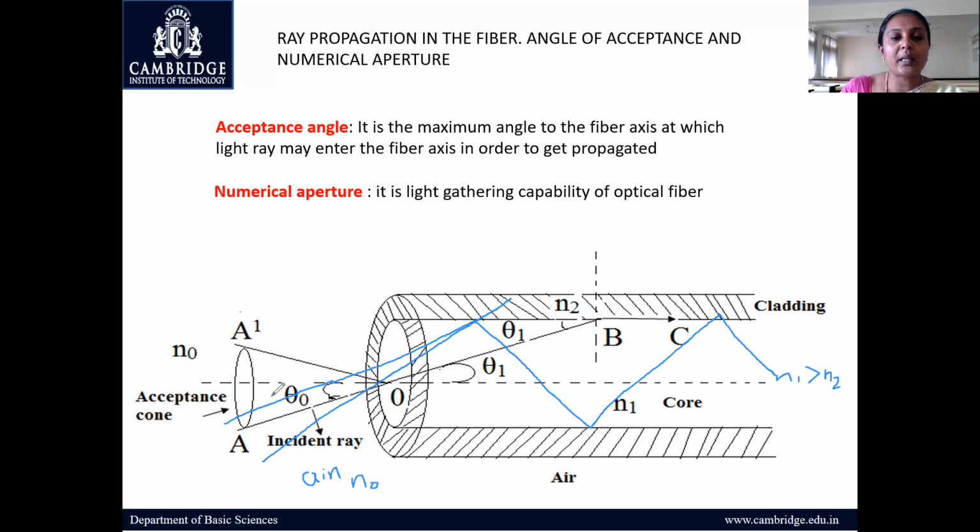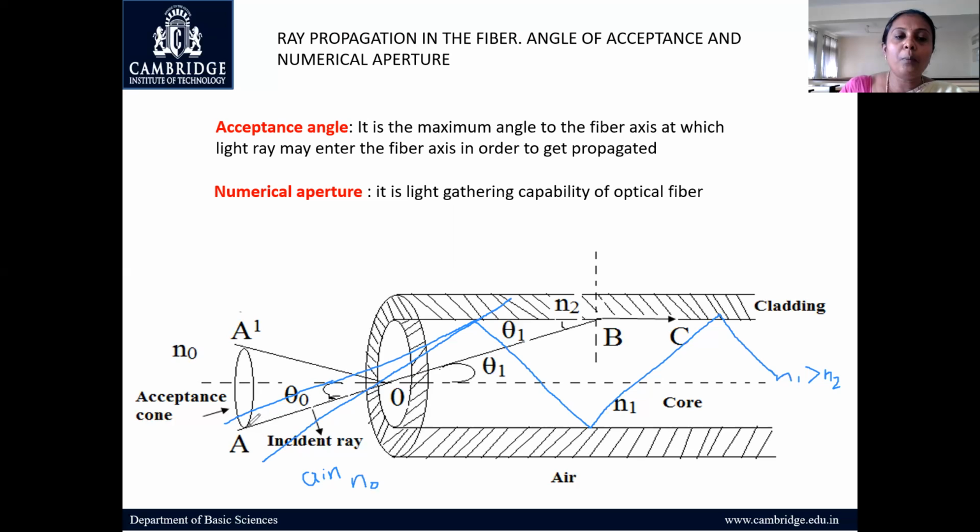This is the maximum angle; with this angle only will the ray of light undergo total internal reflection. Beyond this, any ray which is incident will not undergo total internal reflection. It will go directly into the cladding and lose its strength within a short period of time.